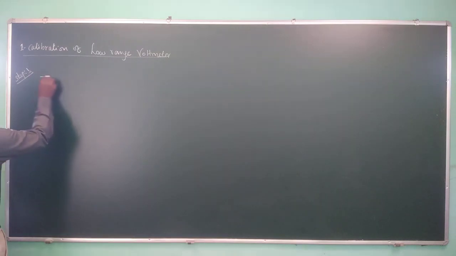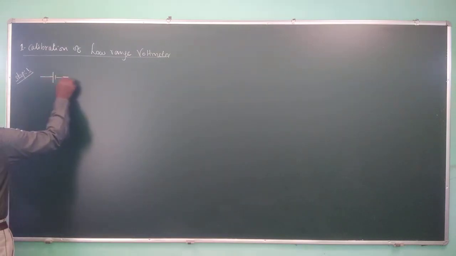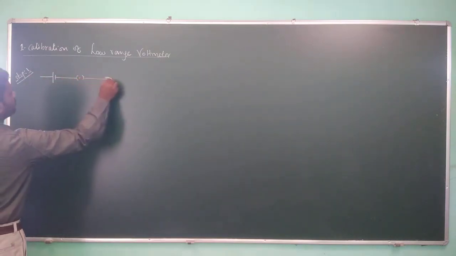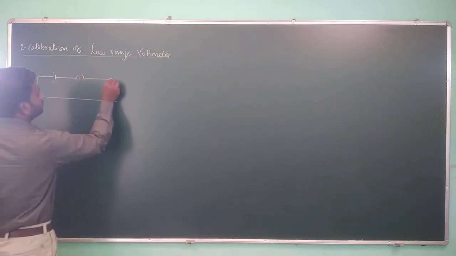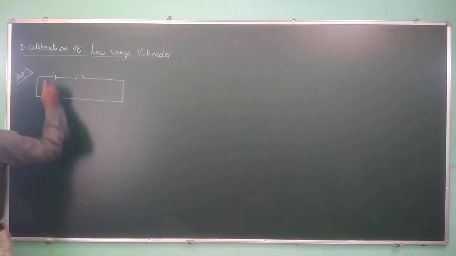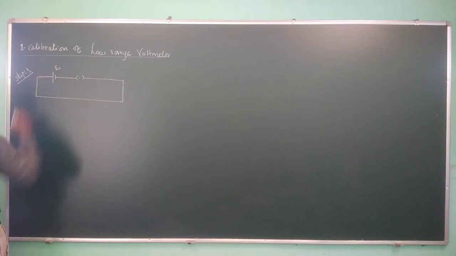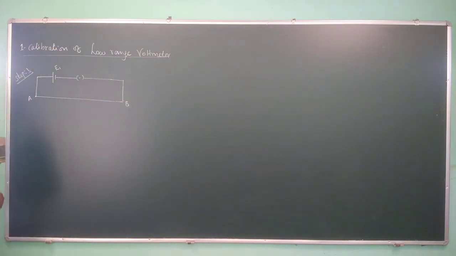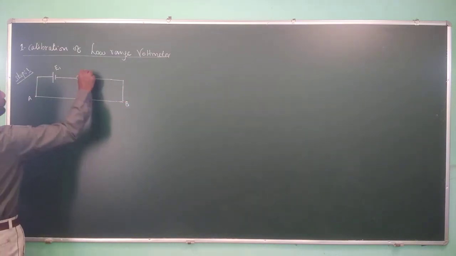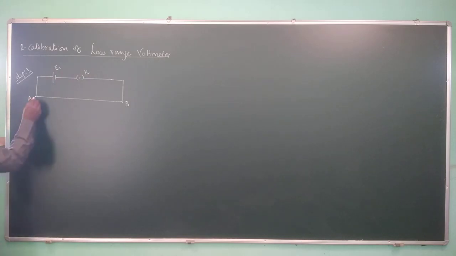Let us take a potentiometer which is connected with a battery E1. These are the two edges of the potentiometer and this is the key.